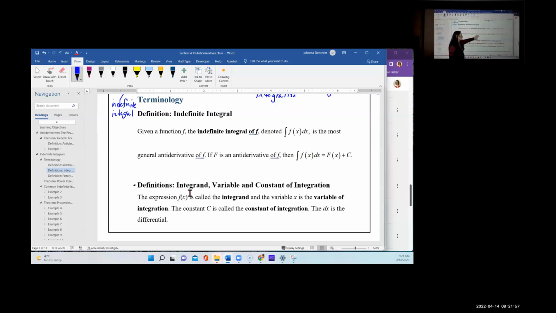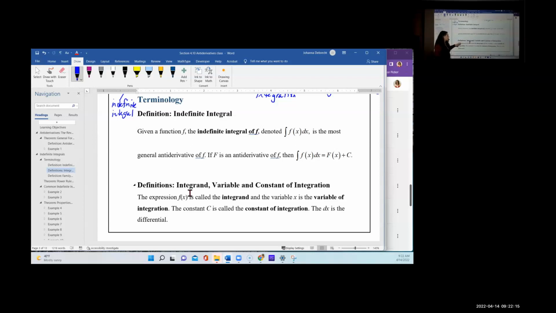If uppercase F is an antiderivative of lowercase f, then the integral of f of x dx is equal to uppercase F of x plus a constant. That's just basically going through and stating the same things that we talked about in the image above.